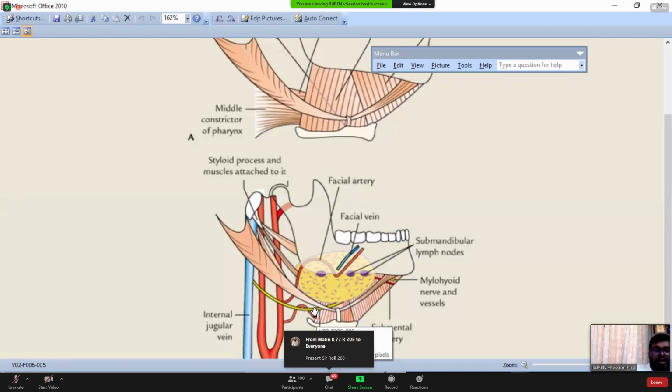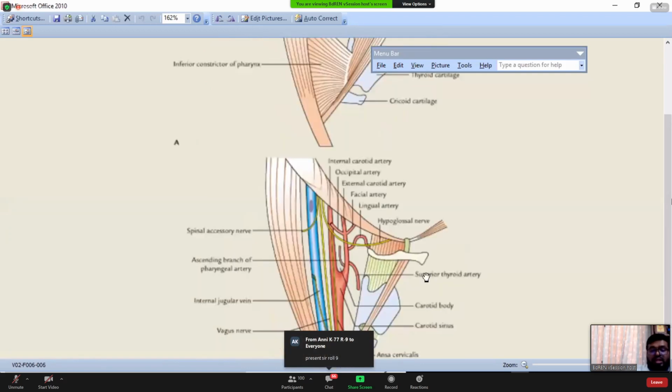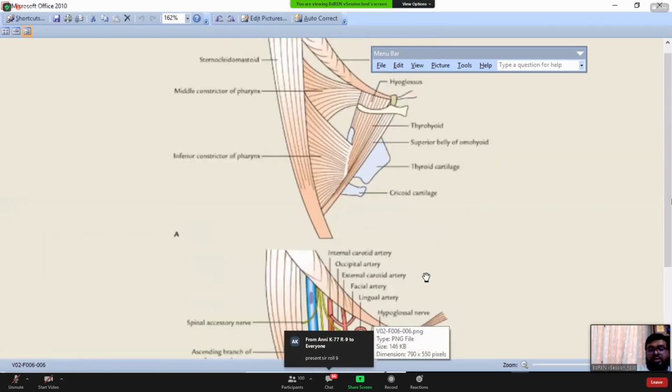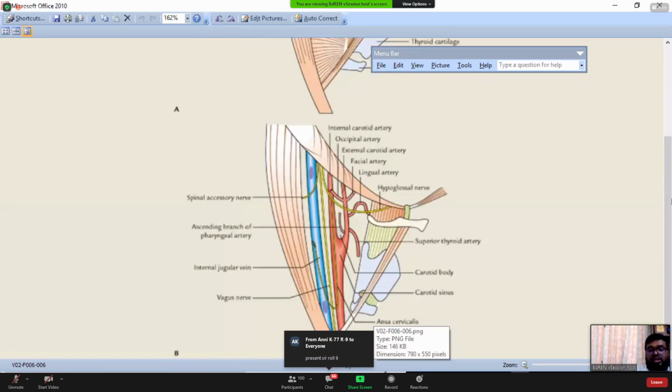And you can also see some structures there. These two are very important: the facial artery and the facial vein, right? So these are the structures present in the anterior part, and along with the facial artery and vein, the mylohyoid vessels and nerves. Is there any other picture? No. This is the carotid triangle.